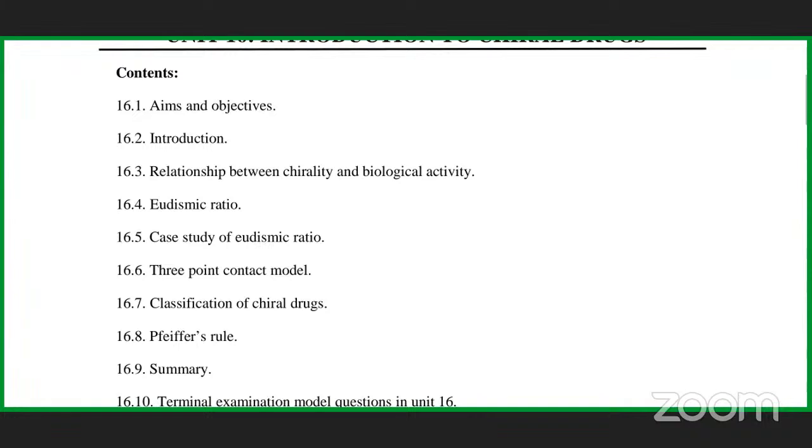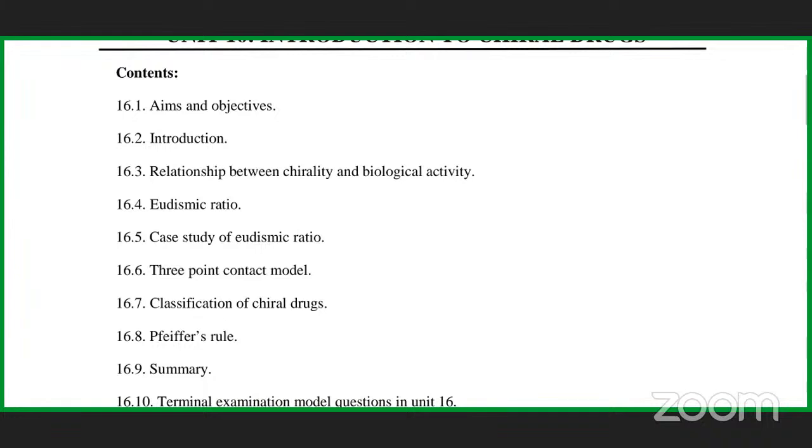This enantiomeric nature is acquired due to chirality. When we take two isomers, A and B, compound A is active towards the biological activity, and compound B is not active. Both are isomers only.